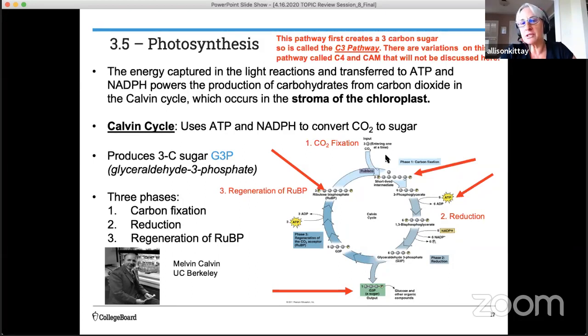There are variations on this pathway. One of them is called a C4 pathway, and you might know that it's going to start off producing a 4-carbon sugar. It uses a different enzyme. And then there is yet another variation called CAM pathway. Neither the C4 or CAM pathway are going to be discussed here. They are outside the scope of this topic 3.5.